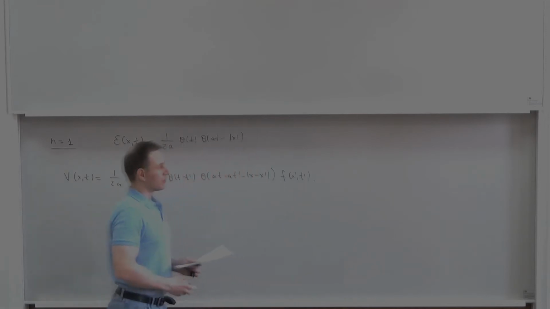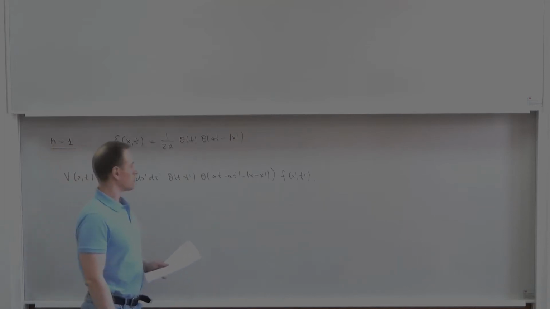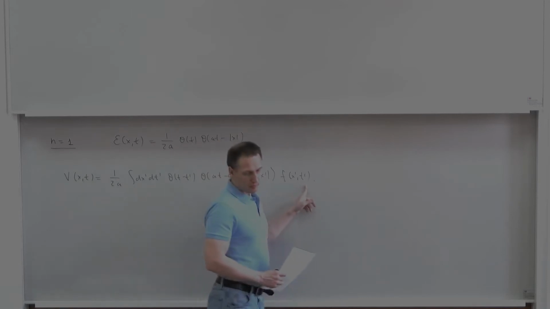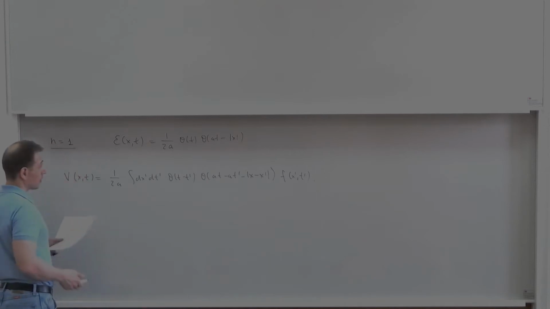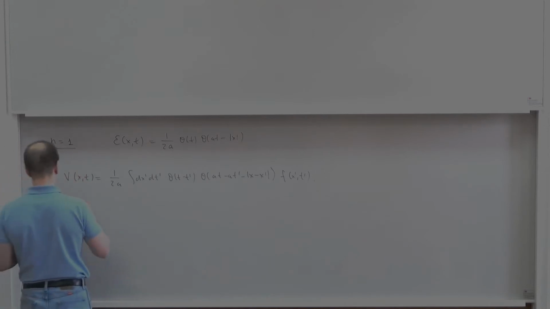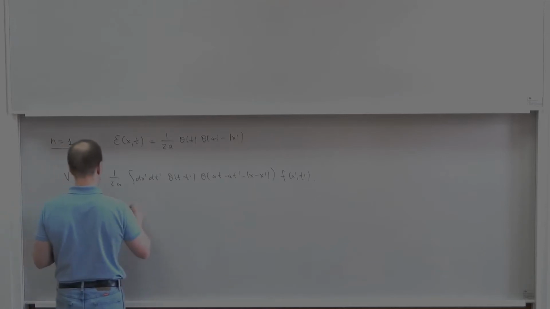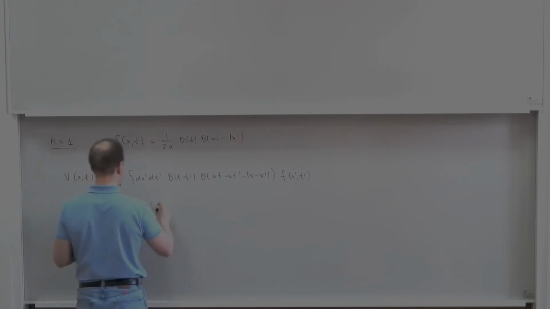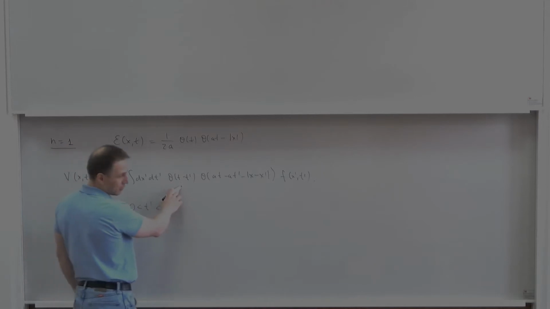I remind you that the function f is in fact a distribution, and it is assumed to be equal to 0 for negative t prime. Bearing this condition in mind, t prime must be larger than 0 and t prime must be less than t due to this theta function.